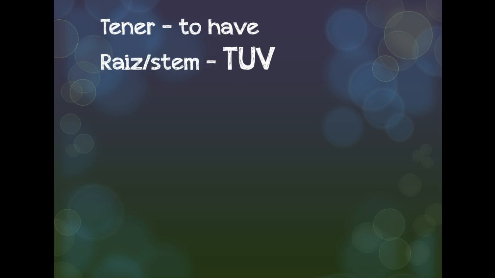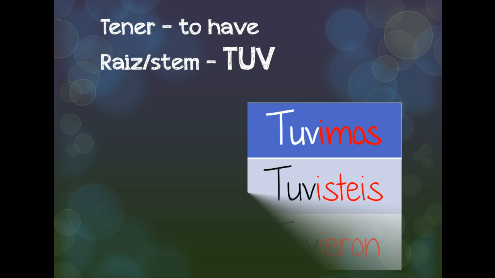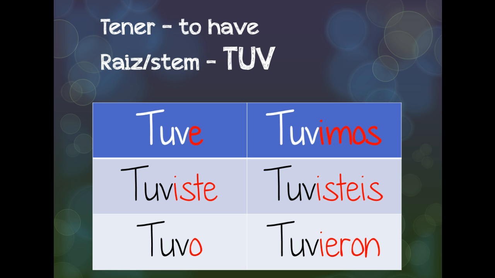The next verb in our series is the T for tener. This verb means to have, and the stem of this verb in the irregular preterite is tuv, T-U-V. You're going to take that stem and combine it with our irregular endings, and you end up with the following conjugations. Tuve, tuviste, tuvo, tuvimos, tuvistes, and tuvieron.